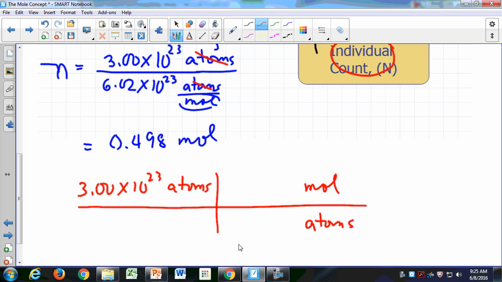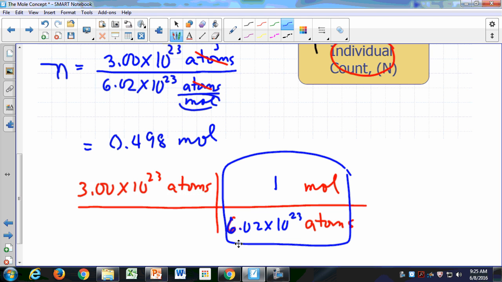So I can say that 1 mole up here corresponds to 6.02 times 10 to the 23rd atoms. So this is your conversion factor right here. So this is like unit conversion in a way. So atoms cancel out. So essentially, what you end up getting is the same answer.